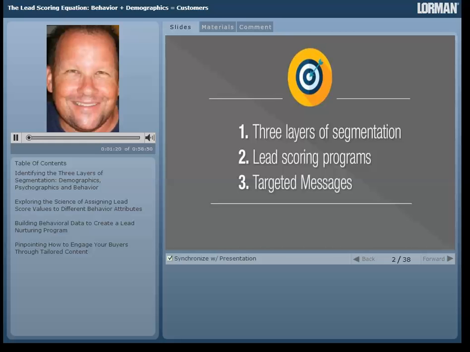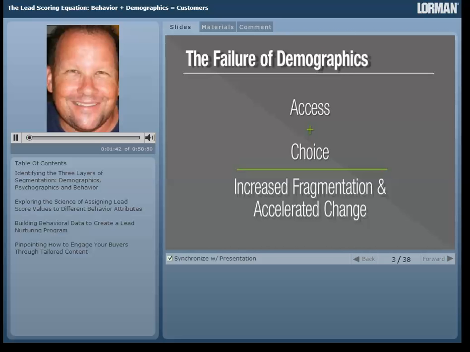Then I'll cover the lead nurturing programs and how that will help you focus on targeted messaging, utilizing the layers of segmentation Linda covers, and make sure that you're delivering highly relevant messages. At the end, we'll have a Q&A session where you can submit your questions during the presentation, and as we go along, we may even jump in and give some answers to those questions right off the bat, especially if it's relevant to the conversation at hand.